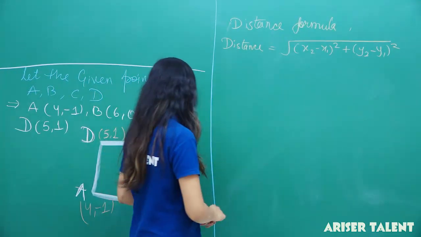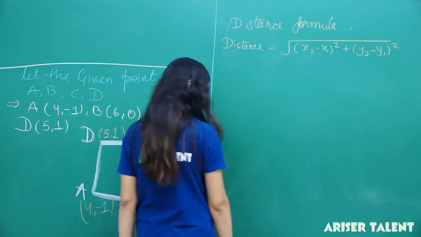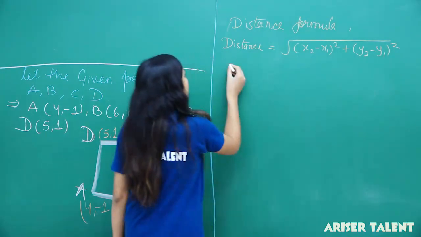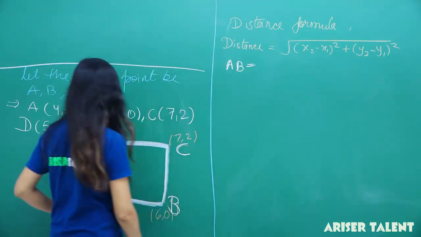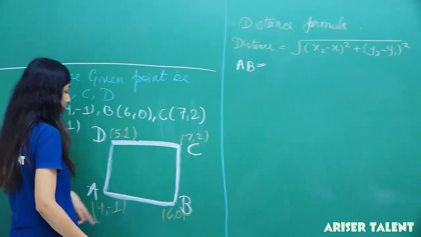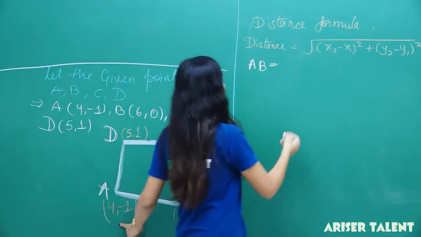And if I talk about the distance AB, I'll be talking about AB, then BC, and then CD, then DA. So AB is equal to what?